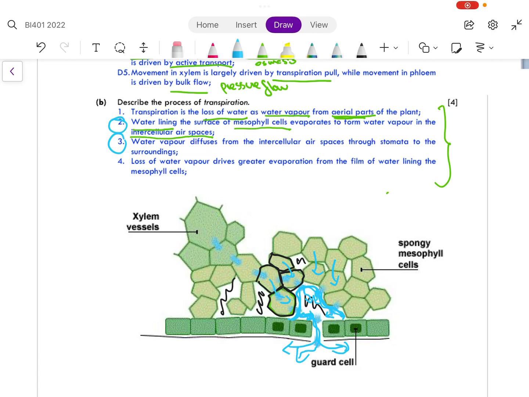So as more water is being lost from the surface, more water will be pulled from inside to replace any water that's been lost from the surface of the spongy mesophyll cells. And as more water is being pulled to the surface, it will eventually be pulled from the xylem vessels. And that is what pulls water up the xylem vessels, or what we know of as transpiration pull.